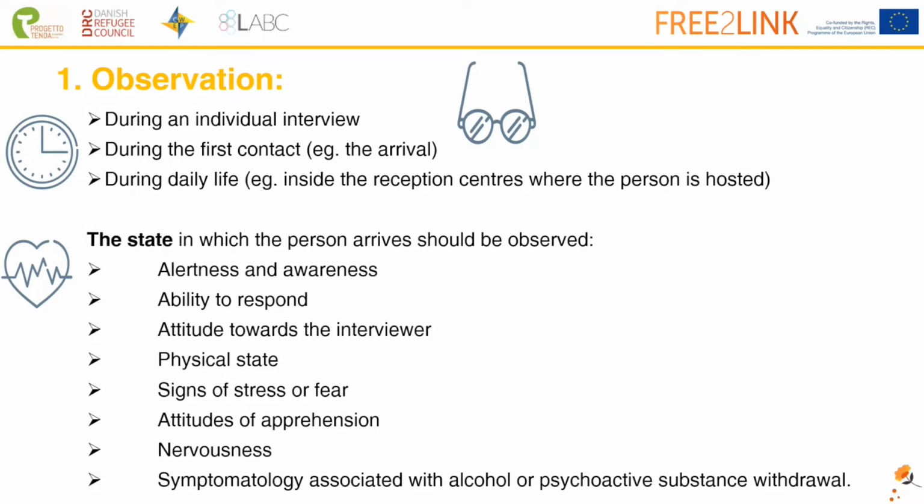Often people are given substances before the exploitation incident occurs, either so that they do not resist or to feel better, to feel more alert, let's say, and therefore these symptoms might be quite obvious when we interact with someone.